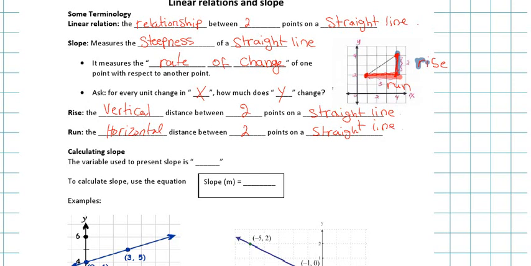When we are trying to find the slope, we use the letter M. M represents the slope. Why M? Don't ask me. Slope doesn't have anything to do with M, but they represent slope with the letter M. So, if you have the 2 points, to calculate the slope, you need to find your rise, you need to find your run, and you're going to divide. Okay? So you're going to divide your rise over run.